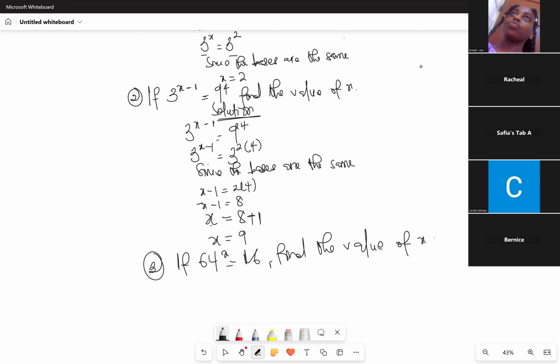So, for instance, if it's 3, ask yourself, can you write 16 on an exponent of 3 and write 64 on an exponent of 3? Or if it is 5, can I write 16 on a base of 5 with an index, while I can also put 64 on the same base of 5 with an index? Work on that and I may make some conclusion.